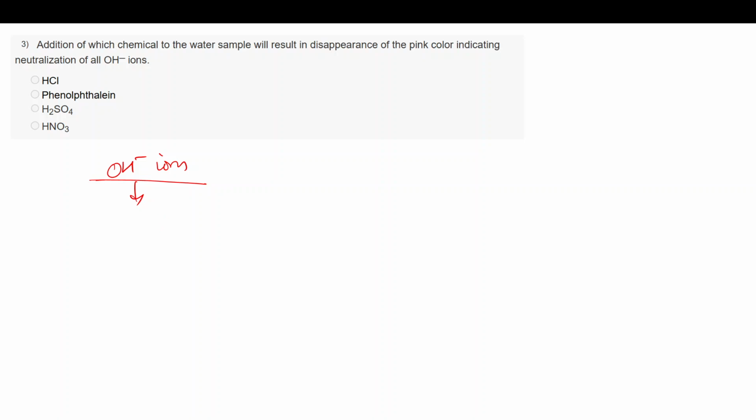So for that, if you neutralize it, then it will disappear. Now, neutralization can be because of H2SO4, right? So that is the correct answer.